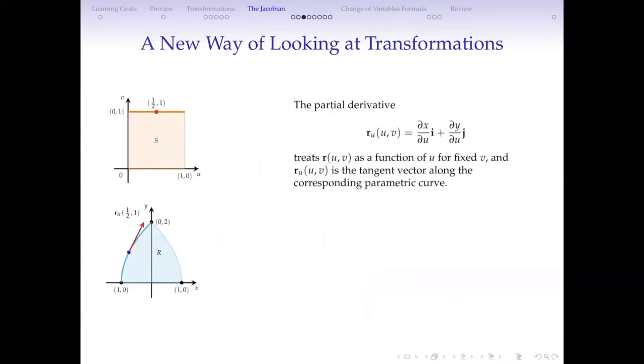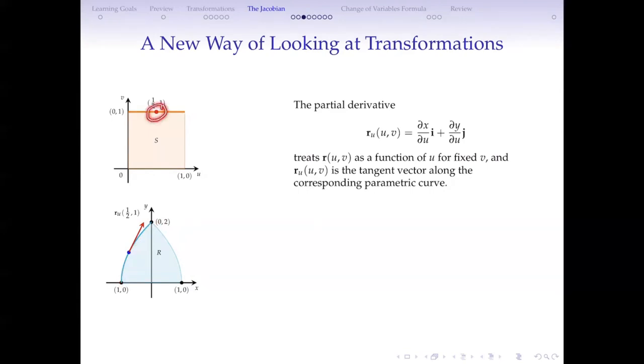So let me illustrate the meaning of these derivatives with a transformation we've looked at before, the transformation from the unit square into this church window shape. So what does the partial derivative of r with respect to u actually do? Suppose that I fix v at 1 and I move along u. Let me remind you that this curve maps to this curve here. So the straight line maps to this curve in the image.